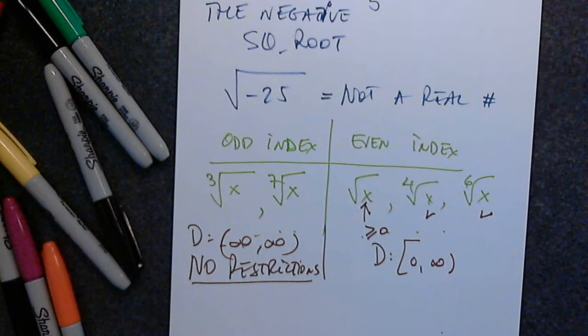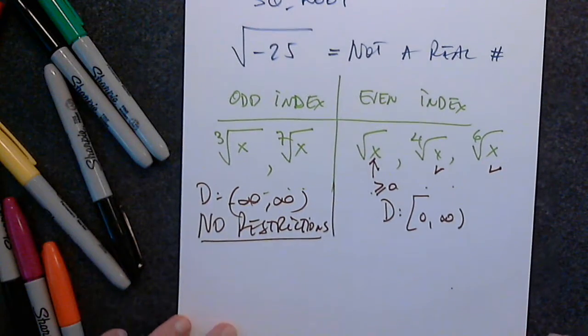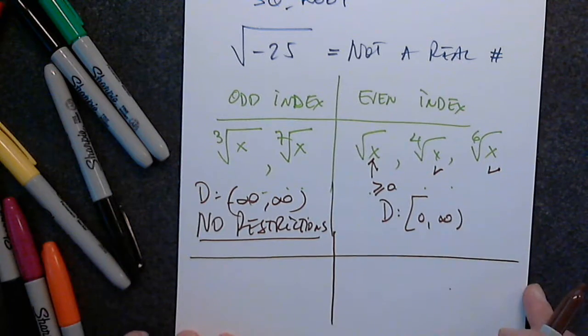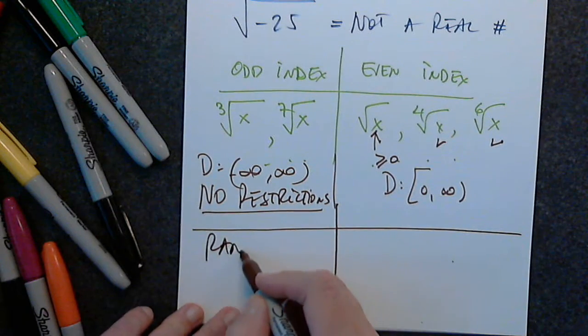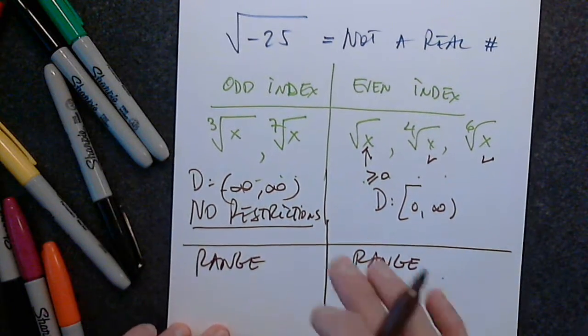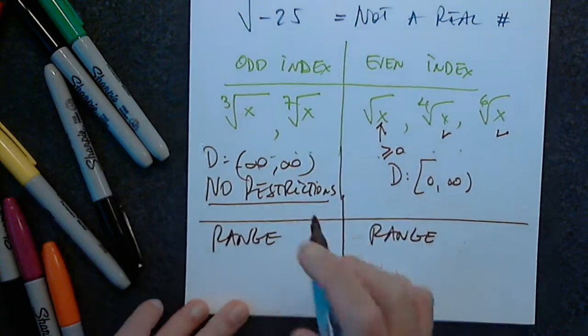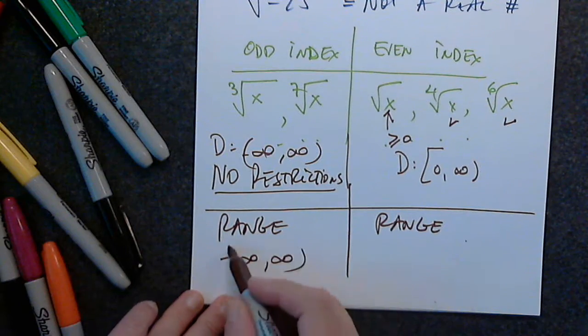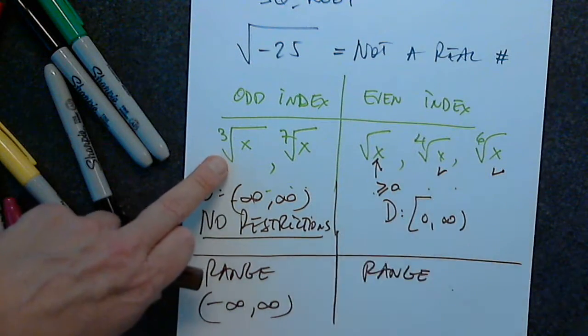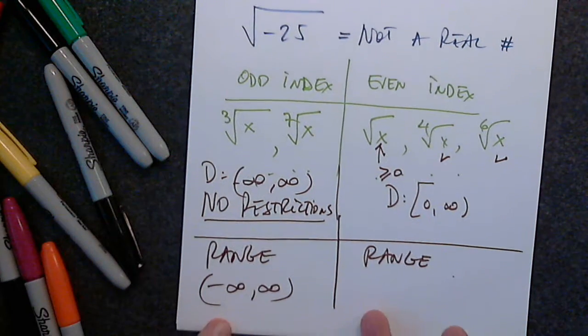Okay, so let's go back here to this table. Let's mention two more things. So we mentioned the domain. Let's also mention the range. For something like this, the range is also everything. So the result, when you apply the cube root to anything, you can get any real number.